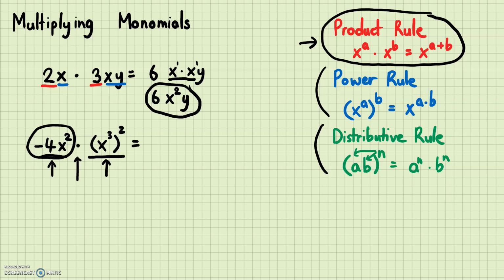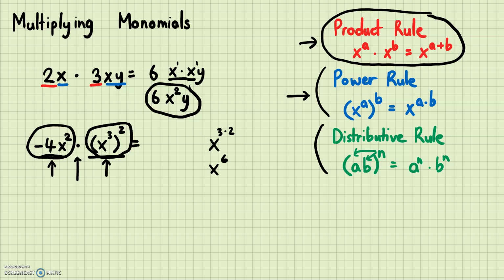This is already simplified. But we can do something here. We can simplify this. What does that simplify to? If you look at our power rule, we can see that we can simplify that to x to the power of 3 times 2, which is going to be x to the 6th power.